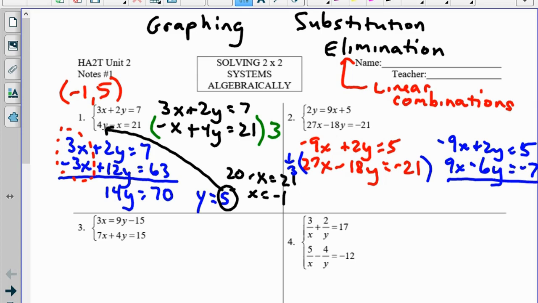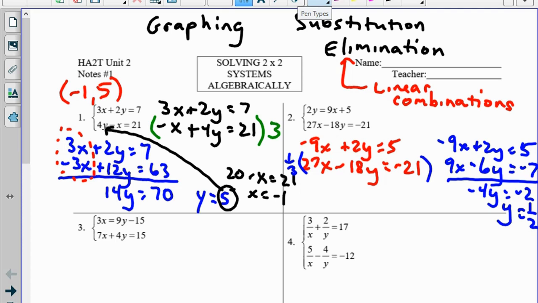I then solve. I get -4y equals -2. So y equals 1/2.